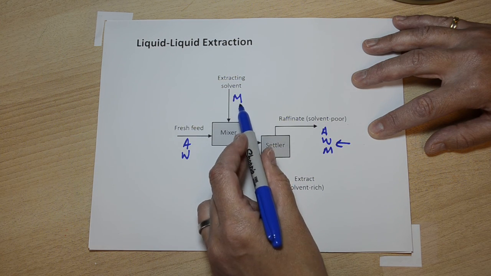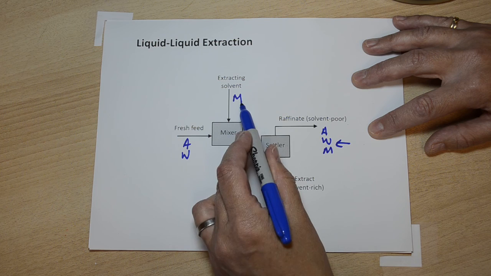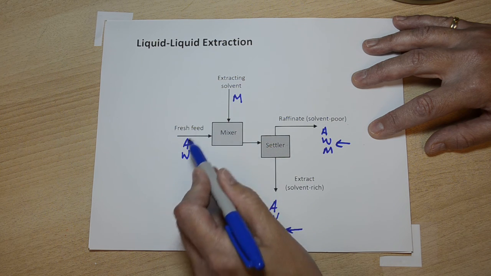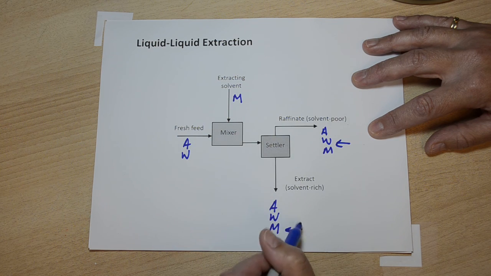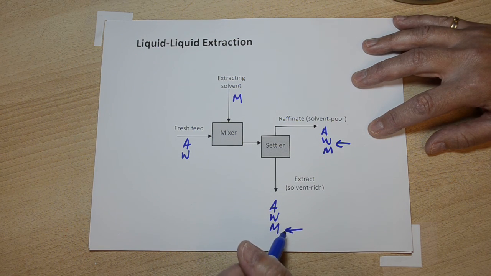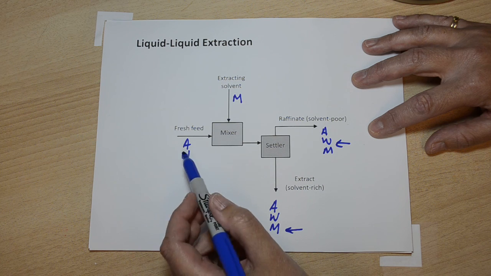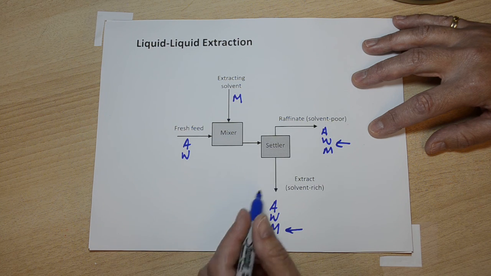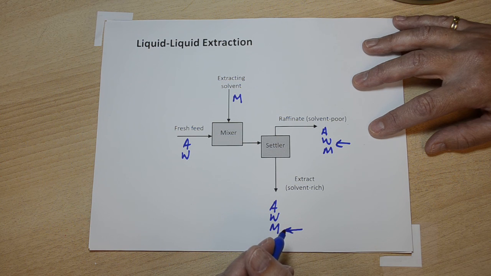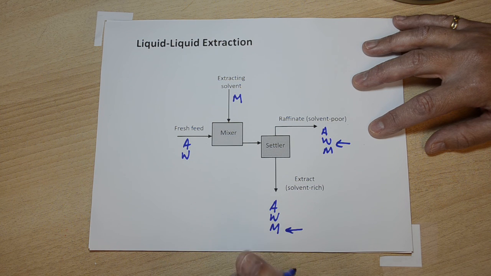Adding the MIBK allows a phase to be formed that draws the acetone out of the water. It allows us to produce a perhaps more complicated stream, but one that's easier to separate than the initial acetone and water. This is then sent to a distillation column, for example, to separate the acetone and the MIBK.